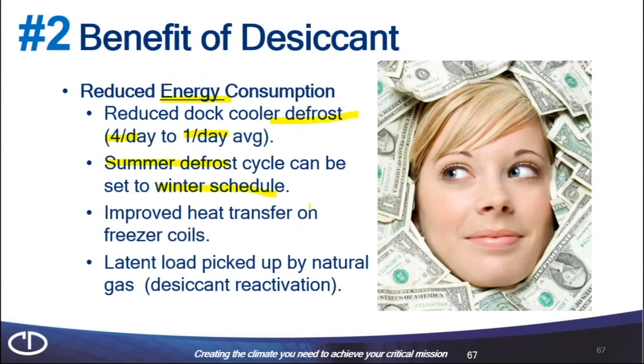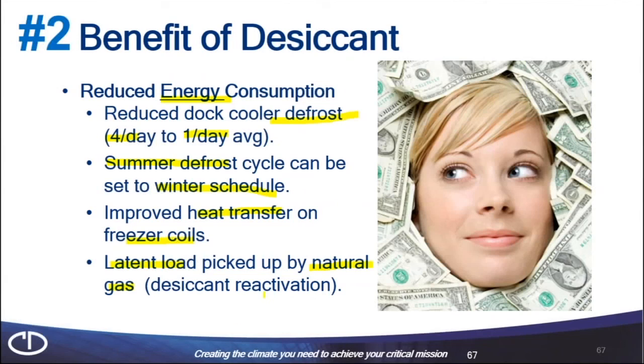And as we do that, the heat transfer on the freezing coils is going to get better. That latent load that we have now moved to the desiccant unit, we're going to use natural gas to do the work. So it's going to move from electrical and your ammonia system to natural gas. Much more cost effective to do it that way.